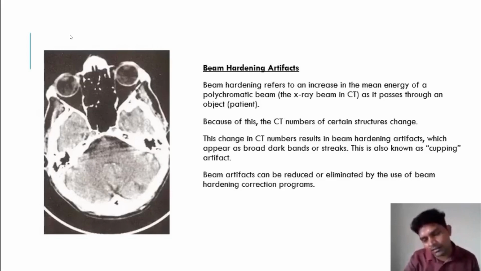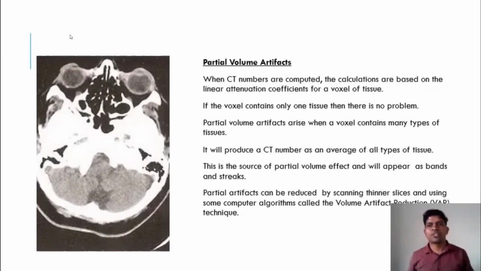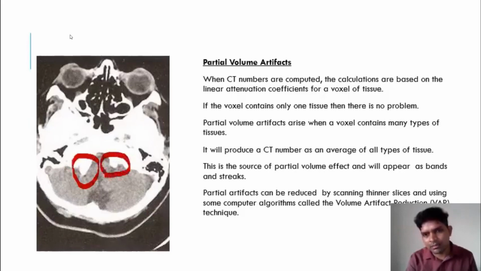of the X-ray gantry. Now the partial volume artifact. We frequently faced this problem with single slice and 4 slice CT, but nowadays we have 64 and 128 slice CT available, so you will not face such artifacts. You can see here, this looks like some structure which might be a calcification, but actually it is a partial volume of the previous slice bone.